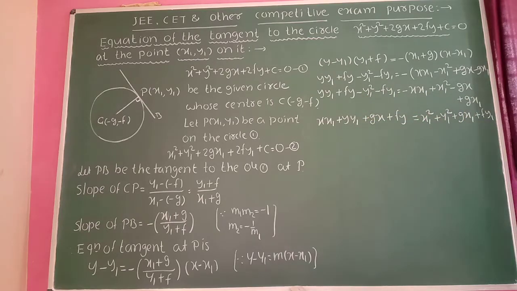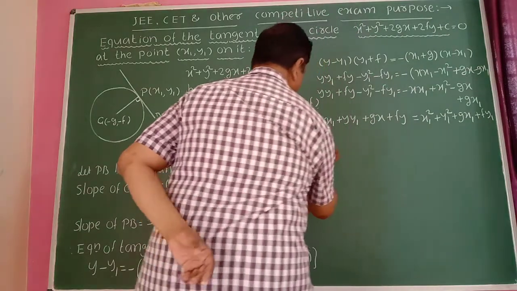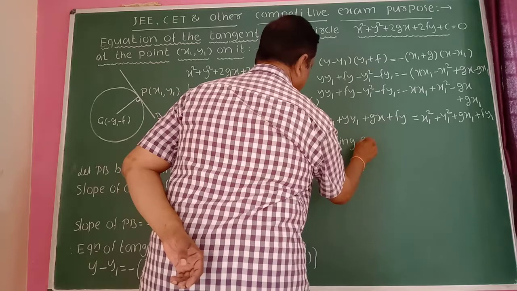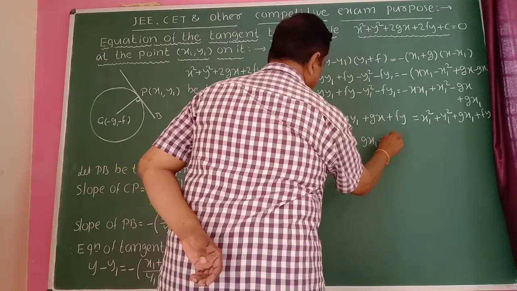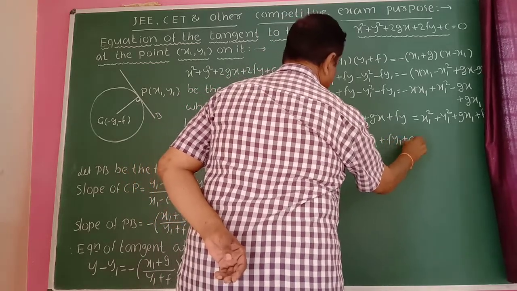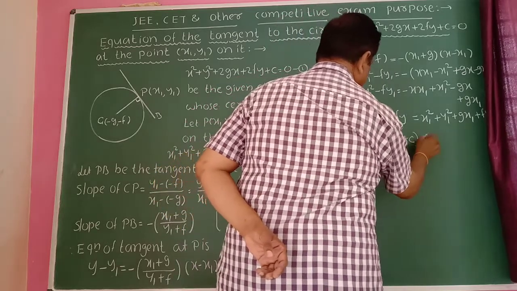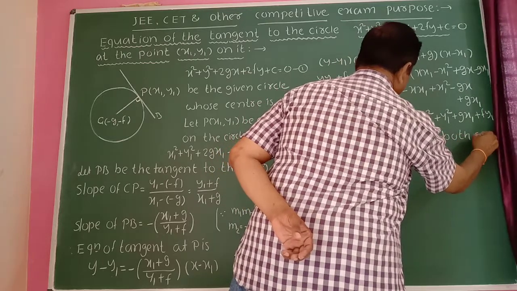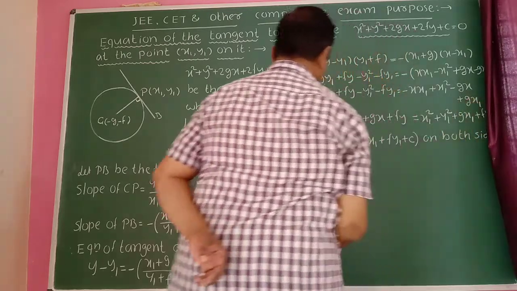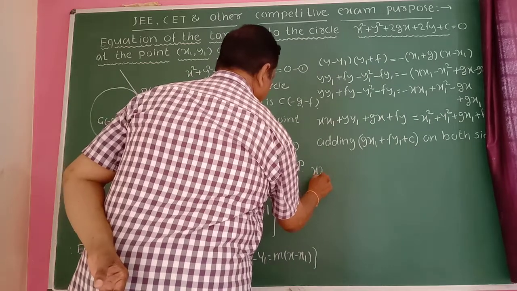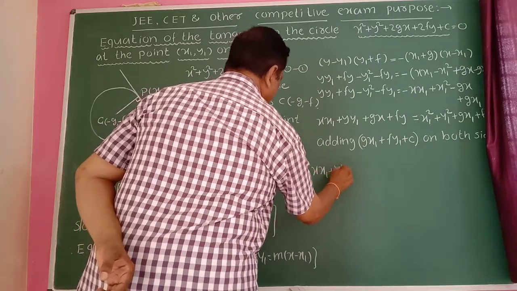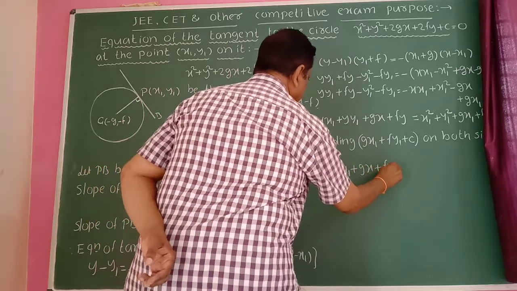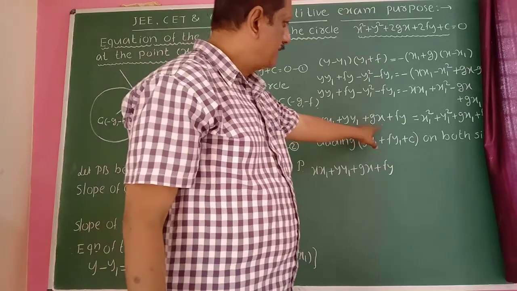You get this equation. Then adding gx1 plus fy1 plus c on both sides. Therefore x1 plus y1 plus gx plus fy, the left side terms remain as they are.